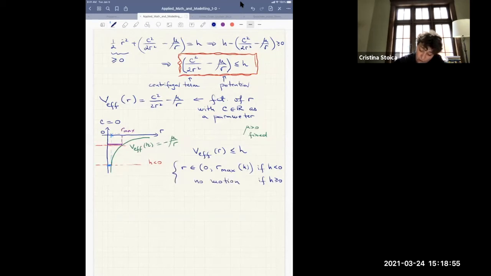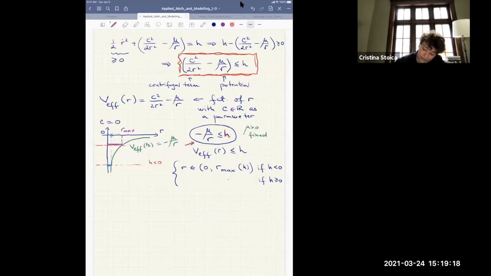And this no motion thingy, you can see it here, because what we're doing here is looking for R that solves this inequality. And look at this inequality. If H is, oh, sorry, not that there is no motion. It can be anywhere, sorry.